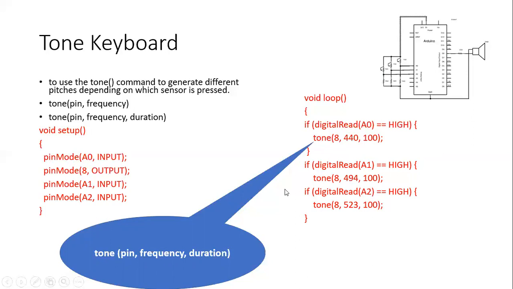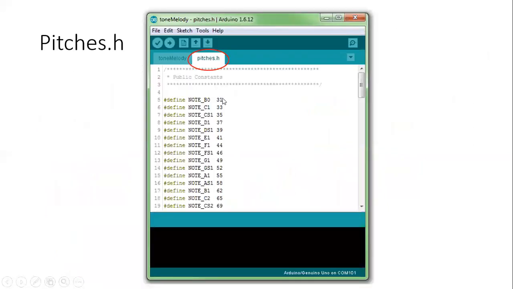Also I just wanted to tell you that some delay can be used before we continue the process, because within the loop we are going to continue. And as I told you, pitches.h has the values. Here it is defined for each note.